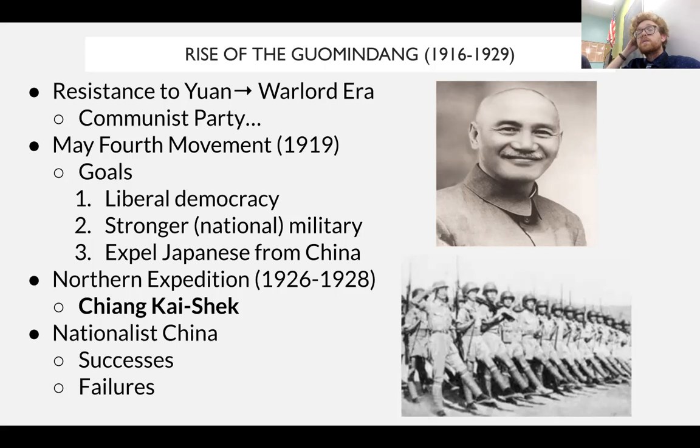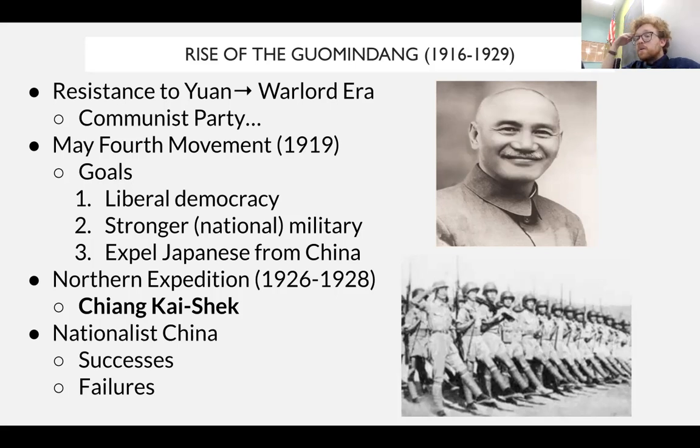So the May 4th movement, largely composed of liberals, advocates for a liberal democracy. They want to return China to being a real republic, one with a president rather than an emperor. They want to unify China politically by having a very strong national military, get rid of the warlords. And they also want the Japanese to leave China.